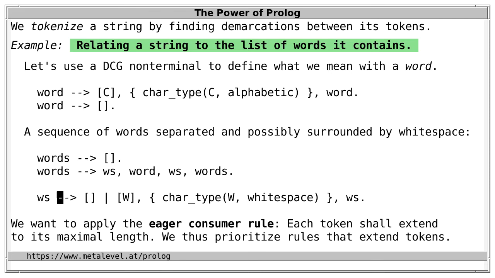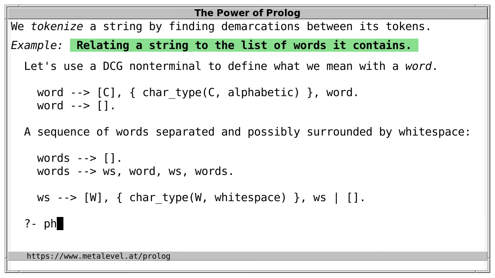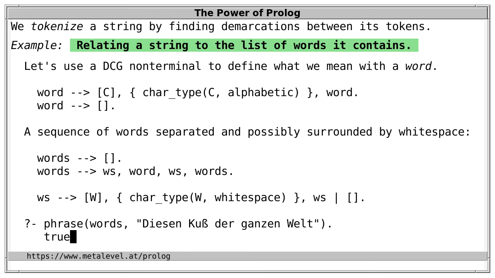And the same here for whitespace. We slightly rewrite this again so that the rule that extends whitespace by consuming a character comes first. And with Prolog's default execution strategy, this will also be tried first. And with these slightly changed definitions, when we now try the query from before again, we get success and possibly other solutions.